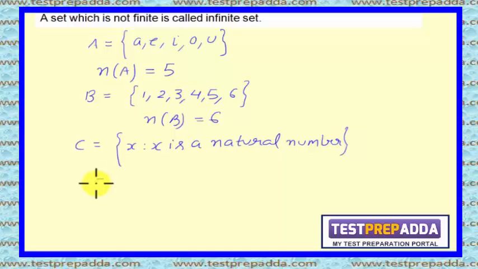If I write in the roster form, it will be written as 1, 2, 3, 4, and so on. Now you can see the number of elements of this set is not finite. So we can say the set of natural numbers is an infinite set.